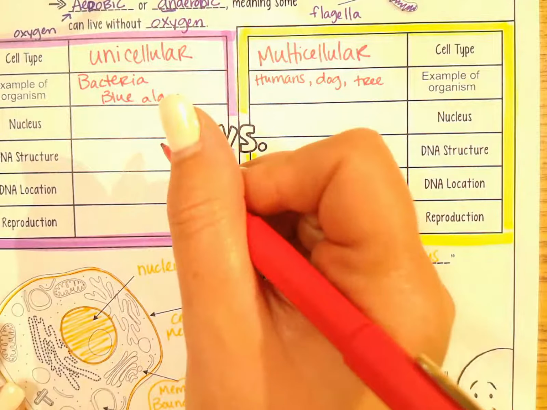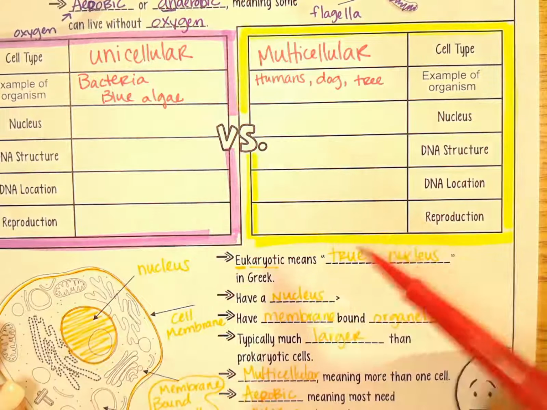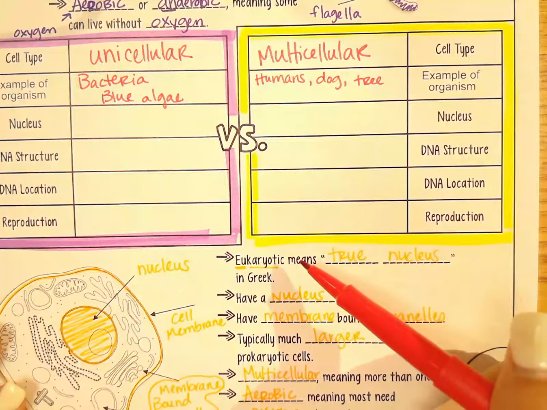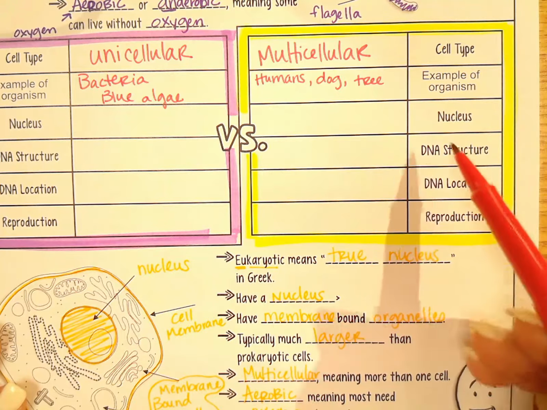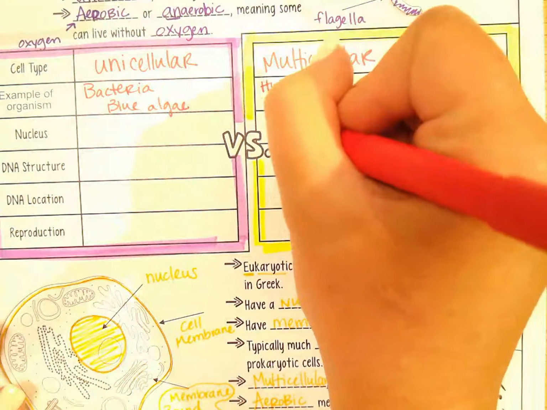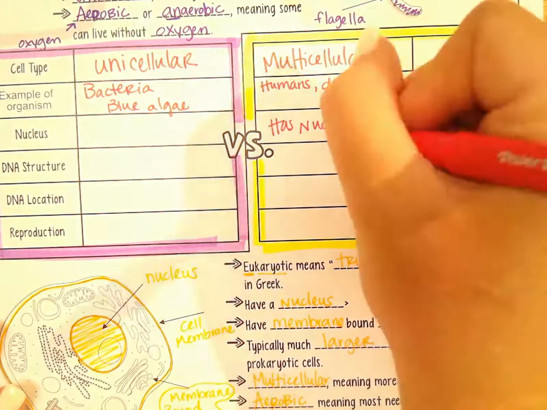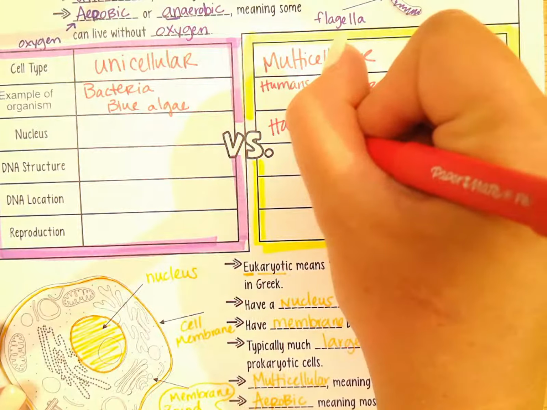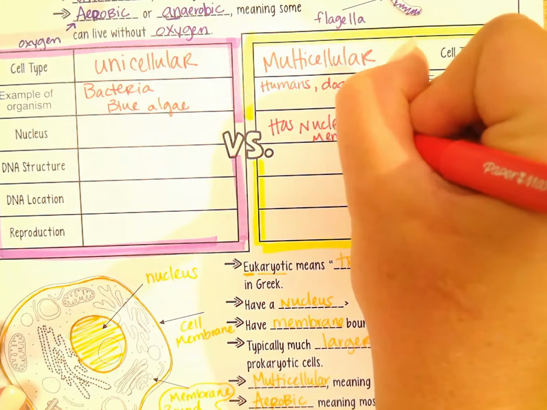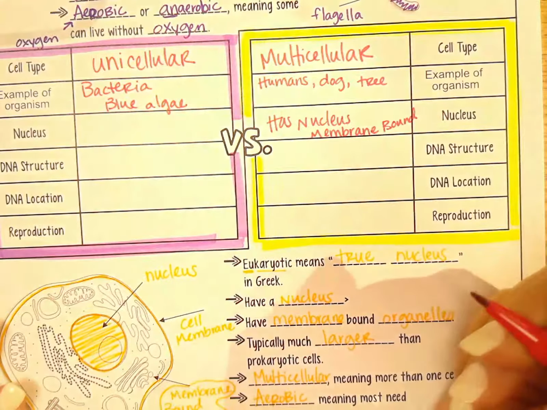Nucleus. Which one had a nucleus? Well, if we look down here, eukaryotic means true nucleus. So the nucleus is going to be here, right? Has a nucleus. It's bound in a membrane. Okay.